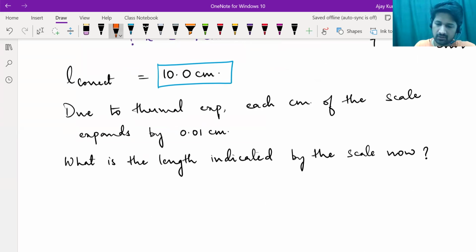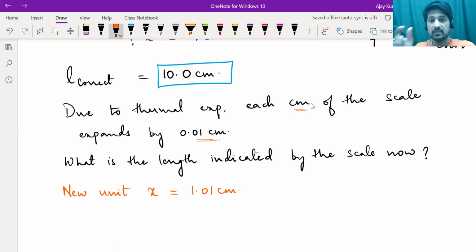That's all. Now, due to thermal expansion, each centimeter of the scale expands by 0.01 centimeters. So, what is the new unit on the scale? New unit, let's call it X, will be 1.01 centimeter. Each new unit on the scale will be 1.01 times the original unit. The units have expanded.